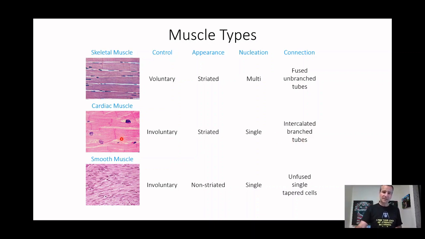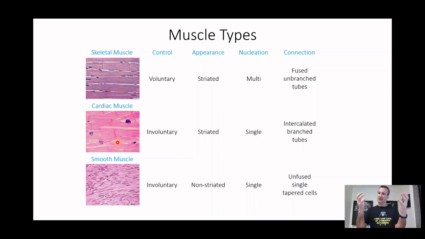But because each one of these is a cell, they usually only have one nucleus within the cell. So instead of fusing together and making these long tubes, two cells come together and form this really tight intercalated disc here so that they're bound together, but they're not one cell.